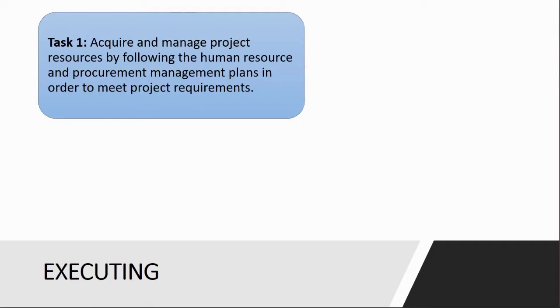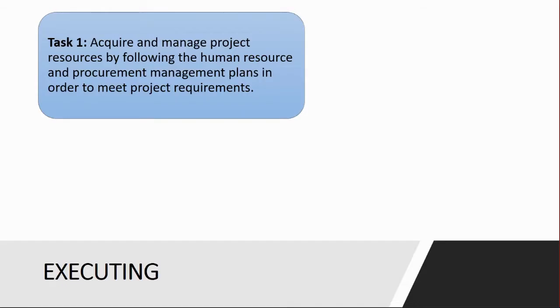So managing the team, developing the team, acquiring the team, you note that the PMI uses the word team. But moving into the 6th edition, these resources are given the generic name resources. We don't specifically say human resources in chapter 9. We just refer to them as resources.